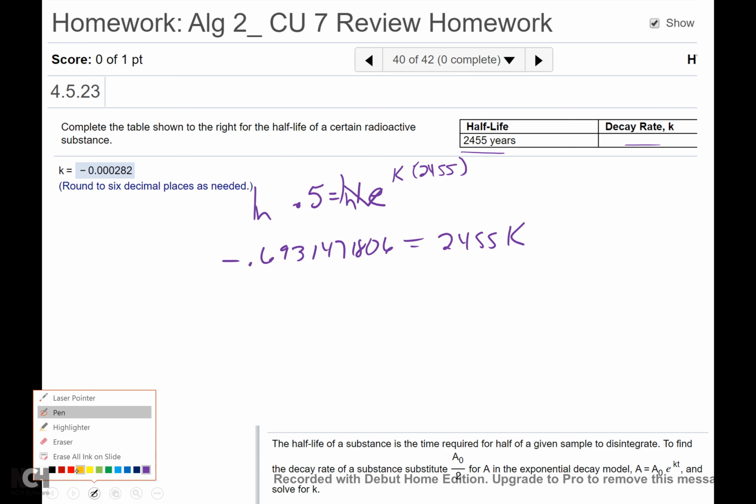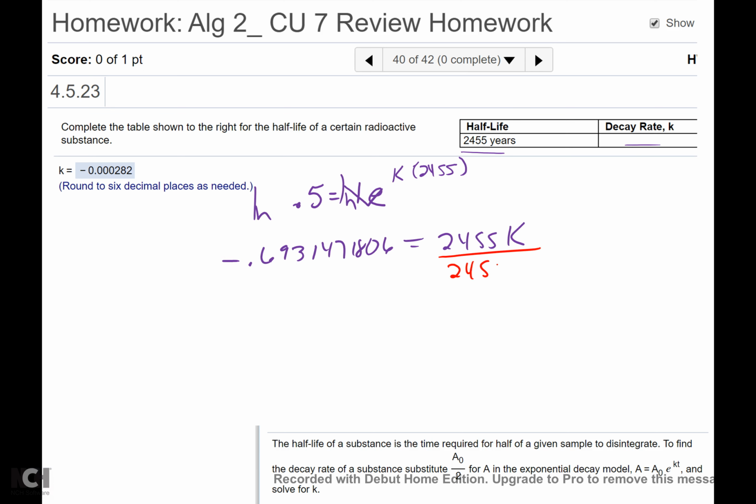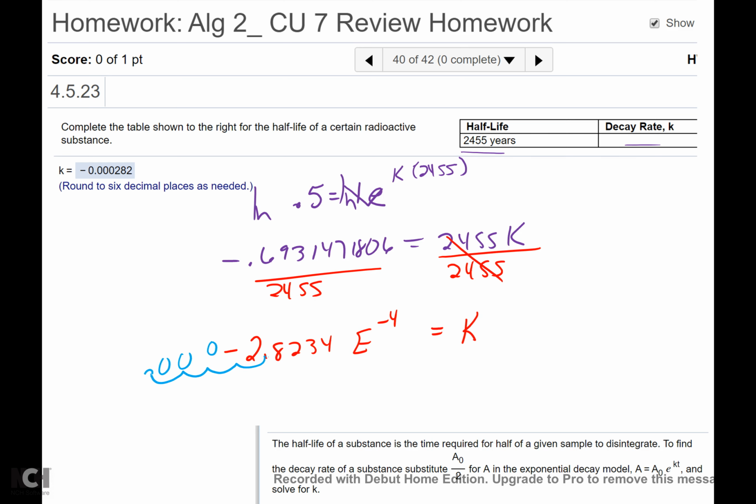So now to get k alone, I'm going to divide by 2455. And k equals, divided by 2455, it says negative 2.8234 e negative 4. What that means is the decimal is actually 4 places left. 1, 2, 3, 4. Which makes negative 0.000282. There's my decay rate.